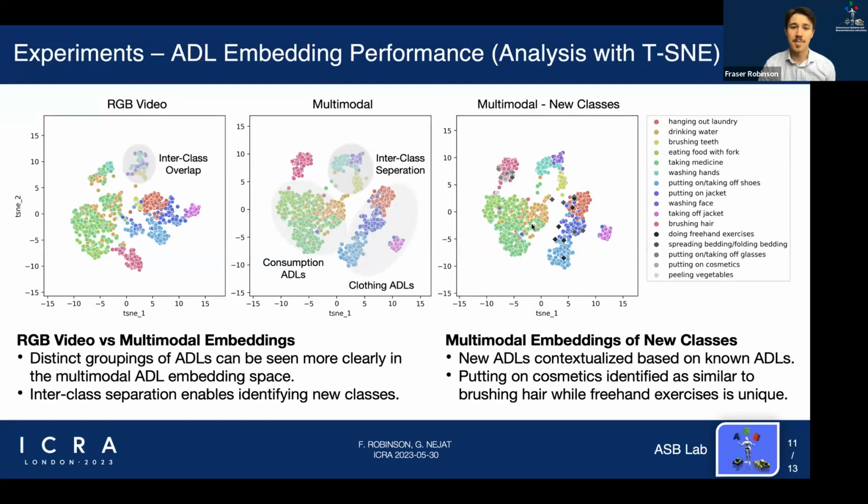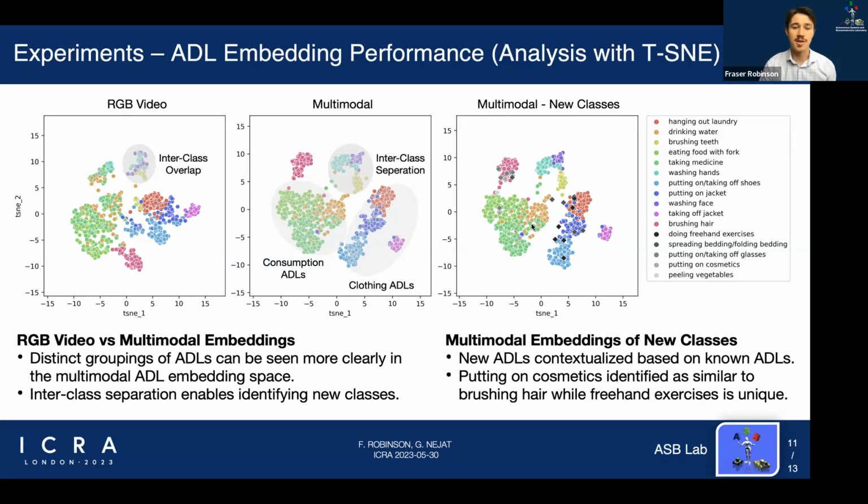In analyzing our ADL embedding space, we were seeking to increase the separation between classes and also to clearly see and understand, using t-SNE representation, the various groups of ADLs in a visual manner.